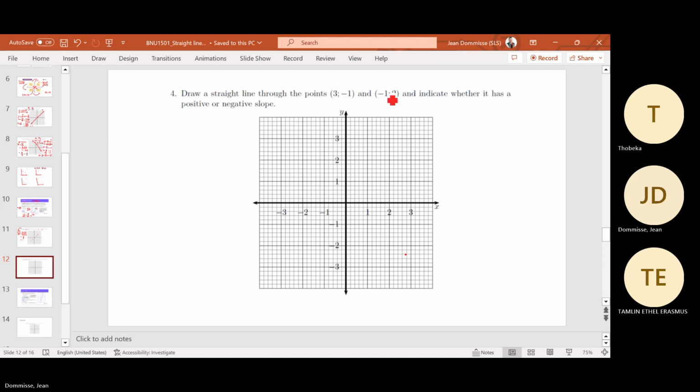So what we will see here is, if we go through a point 3 and 1, 3 and minus 1, sorry, easy to make that mistake, minus 1 and 2. So again, it will go somewhere through there.